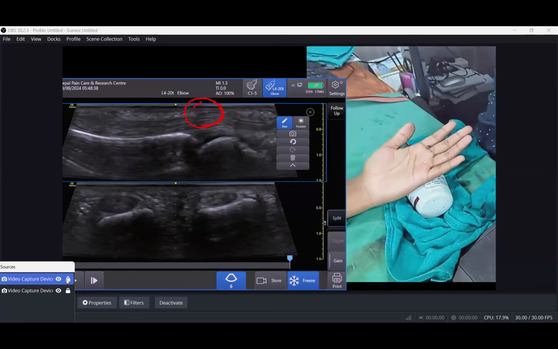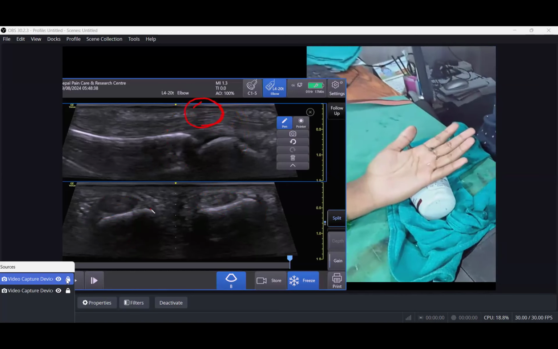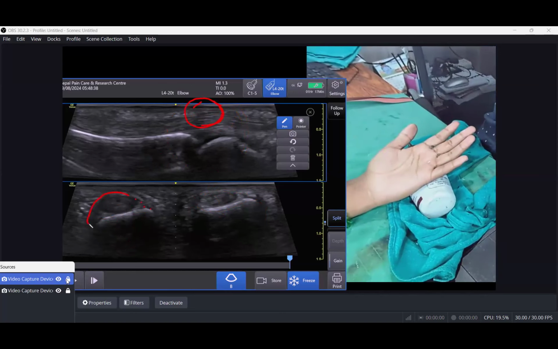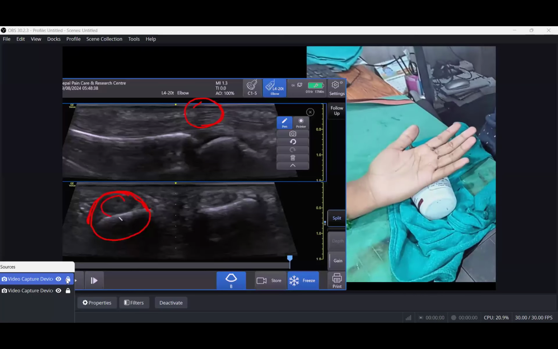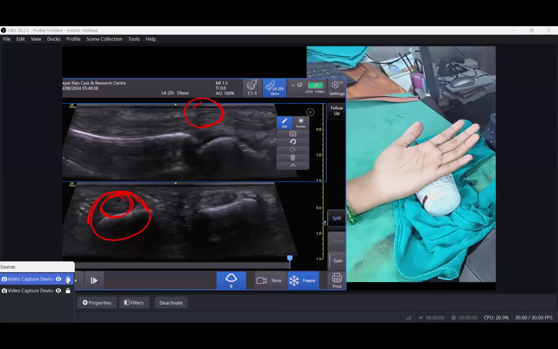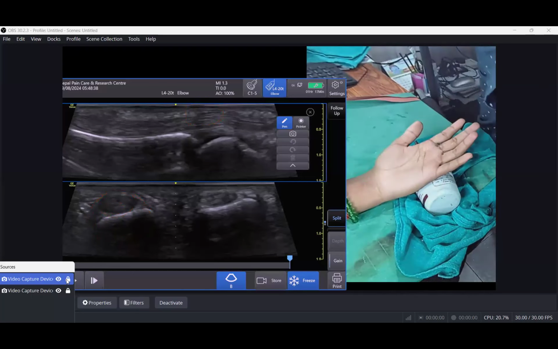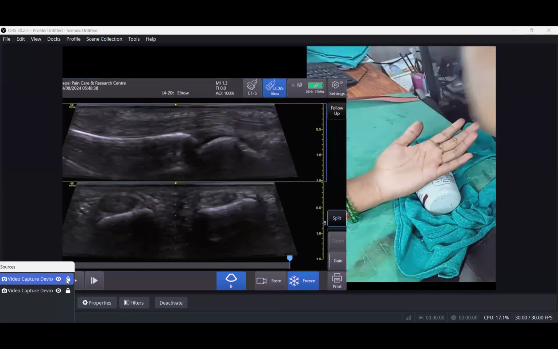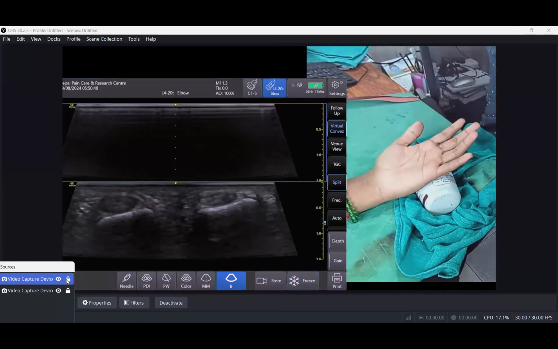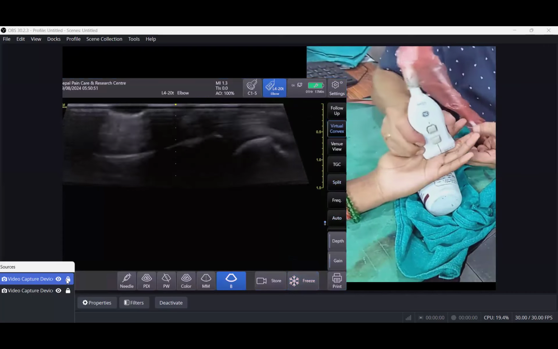But if you want to see the pulley in short axis, this ribbon-like structure is the pulley, which goes over the tendon and wraps it so that there is no subluxation or dislocation of these flexor tendons. Here once again, the pulley.